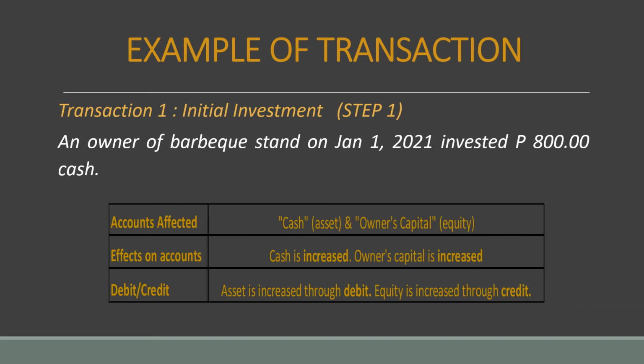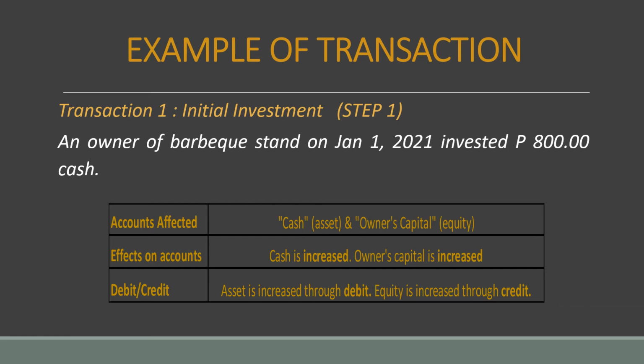So, gaya ng nasabi ko kanina, we will first identify the transactions from the source documents. So, ano yung source documents? Pwedeng nag-transfer ng cash lang si owner from his personal account to the official bank account ni business.